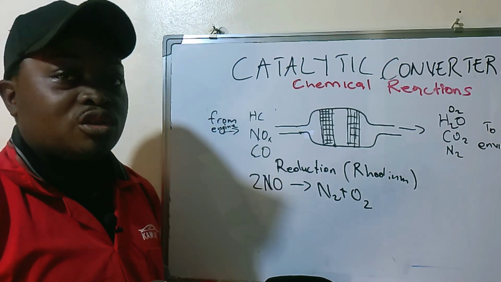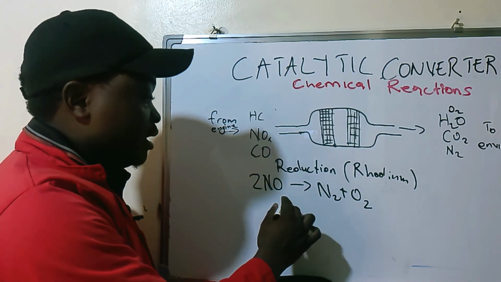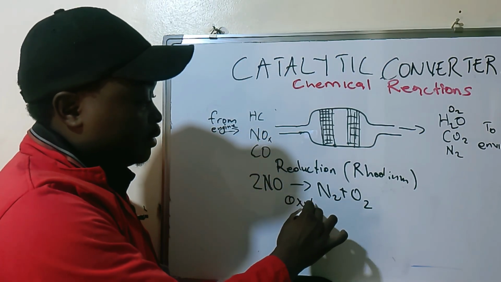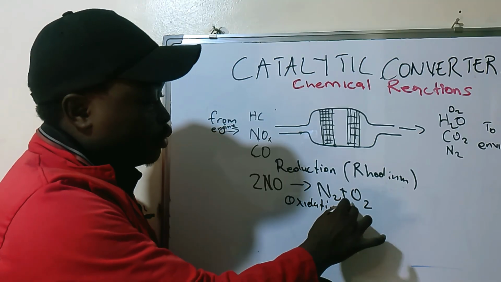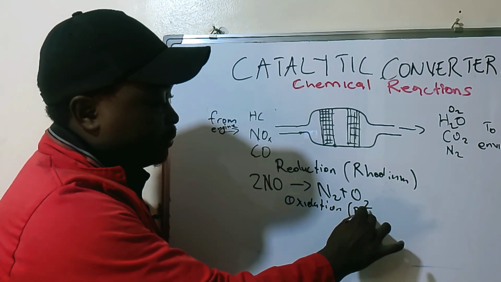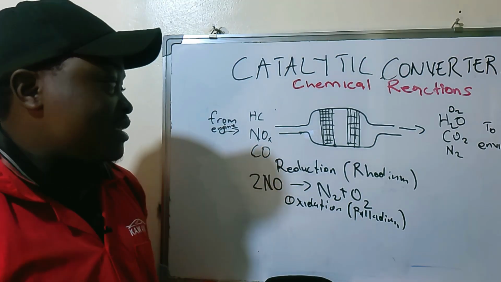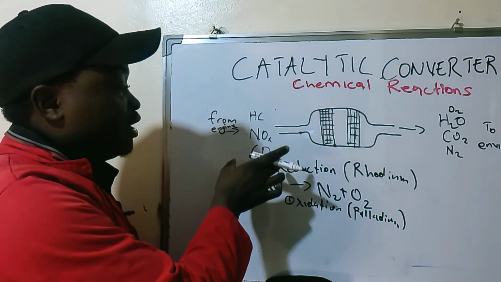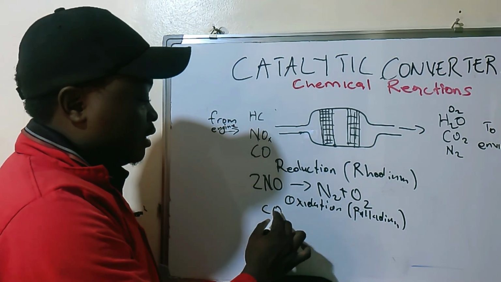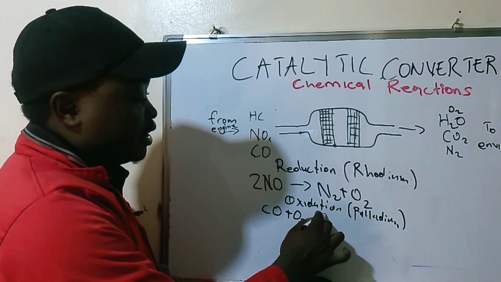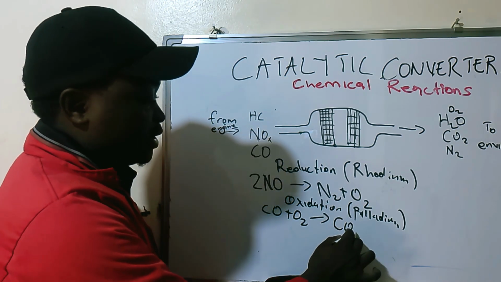Then the catalytic converter also does what we call oxidation, and during oxidation we usually use palladium or platinum as the catalysts. So during oxidation, carbon monoxide in presence of oxygen is broken down to carbon dioxide.